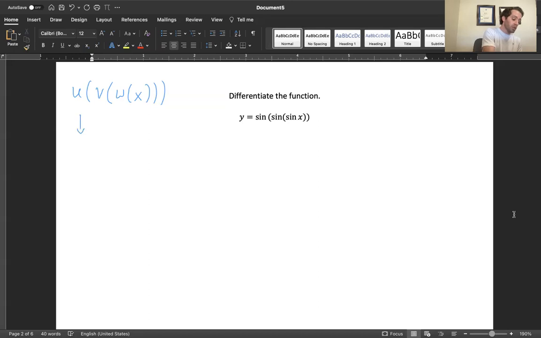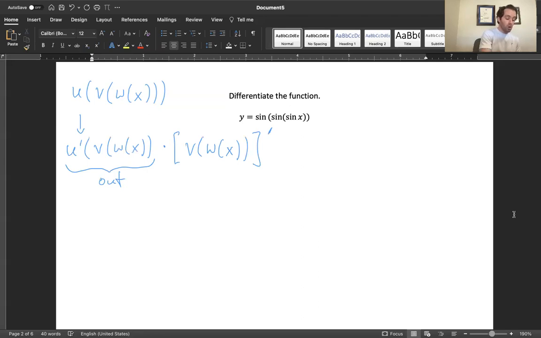When we differentiate this, it'll be u prime of v of w of x. This is the outside. But then it's times the derivative of the inside. And the derivative of the inside will be the derivative of v of w of x.